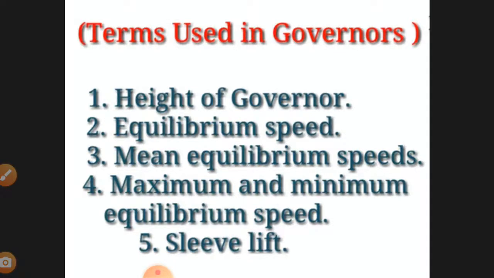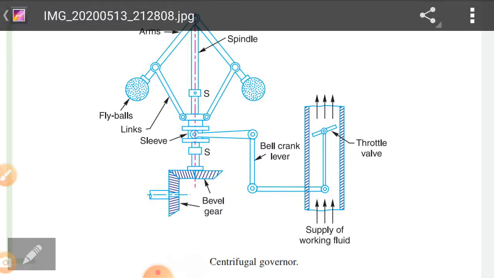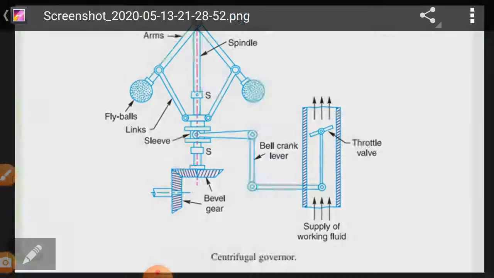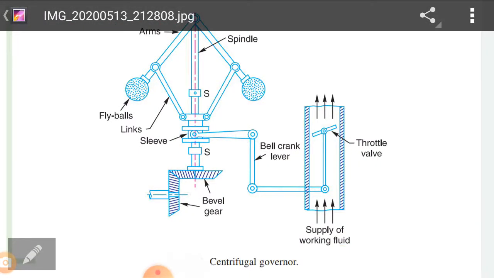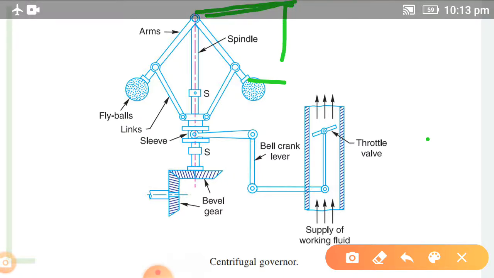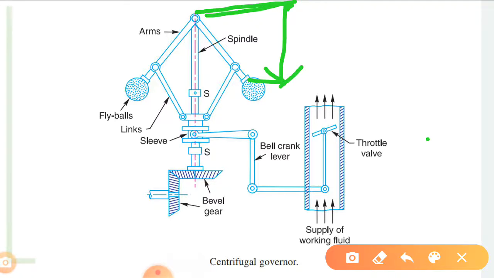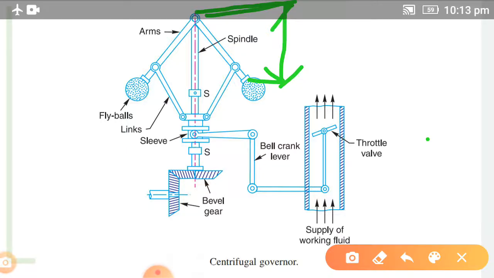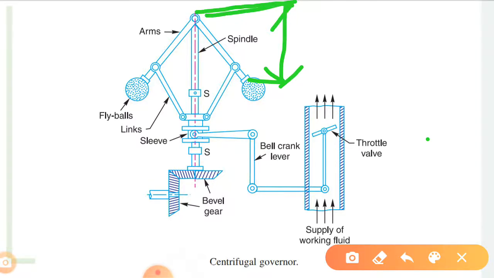Now we will see the height of governor in this sketch. This is the center of the fly ball, and this is the point where these two arms intersect. This is the vertical distance which is called the height of governor.